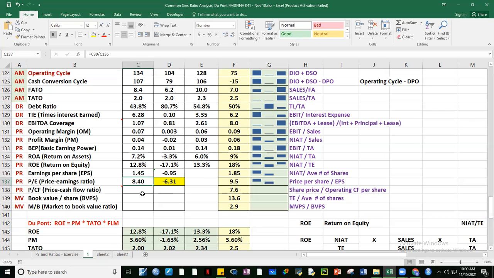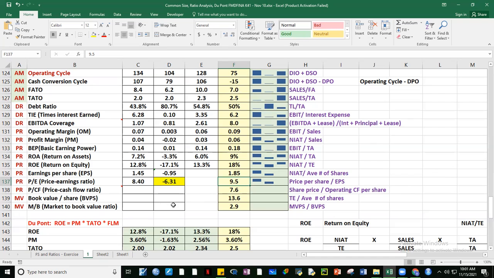Okay? 1 peso of net income. Versus 9.5. But of course, we can say some investors will be willing to pay 9.5 pesos for the promise of 1 peso of earnings per share, because the quality of our competitor's earnings is really better.